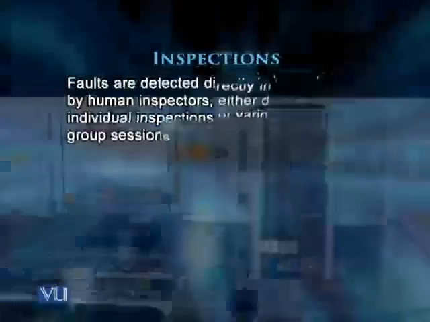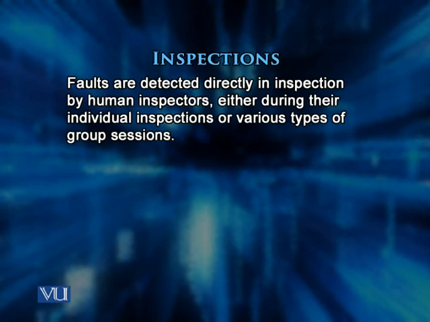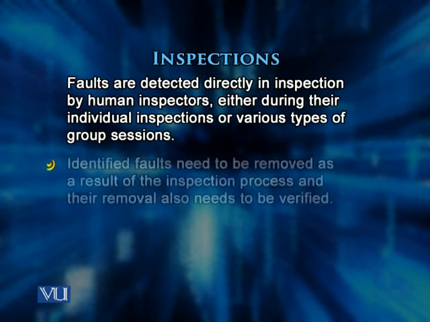We have said this before in another lecture, and I just repeated it here today, that faults are detected directly in the inspection process. This can be done in two ways: either when the inspector is individually going through the work product, or in a collective session when the inspection meeting is going on, in the group session.